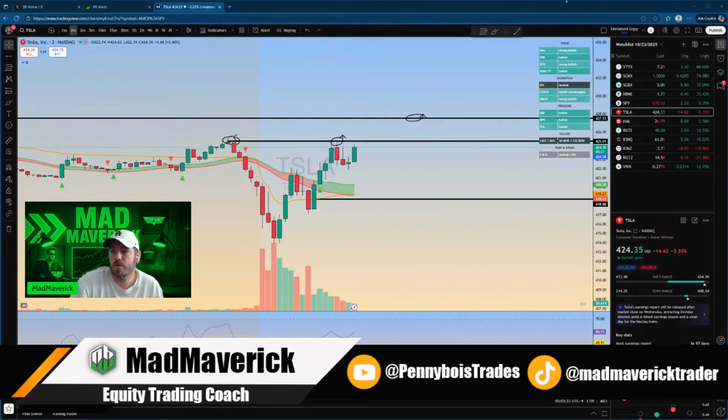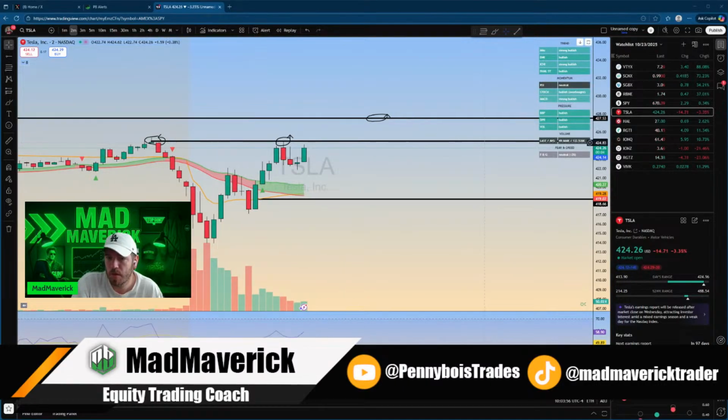This one's looking real good though. This one's just going off the fib levels, but this is the chart, if you want to see the charts in the chat. For Tesla calls, for continuation, break above 425 and hold above it, and then we go to 427.